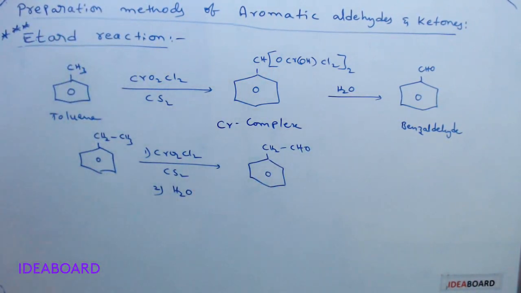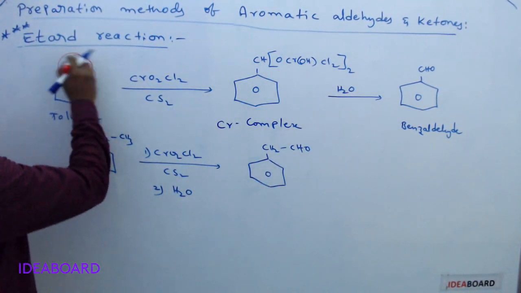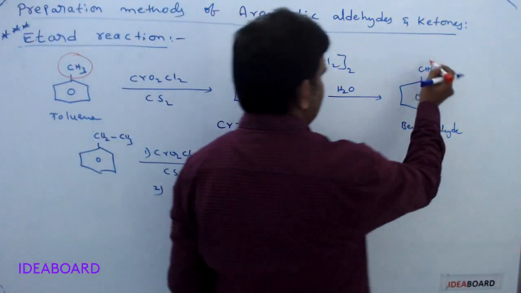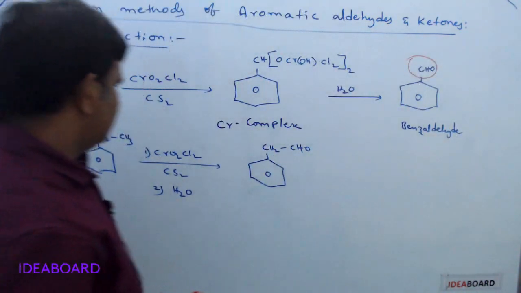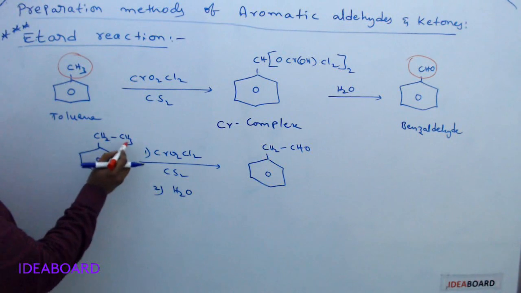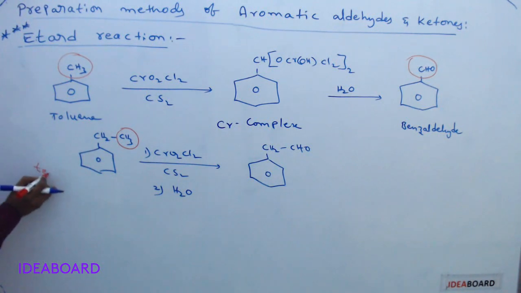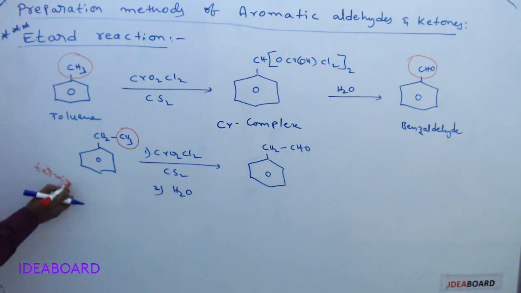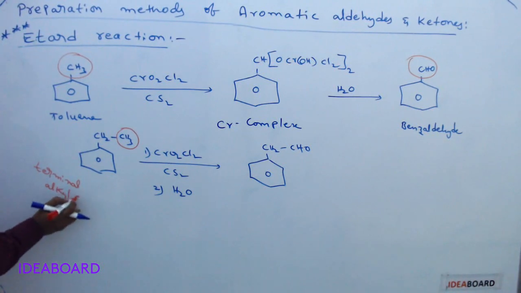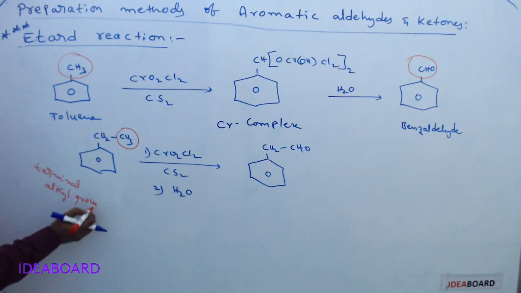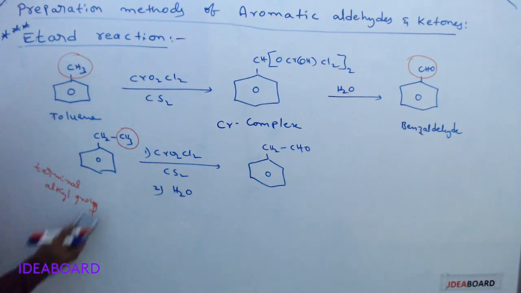Remember, the methyl group is converted to a CHO group, and here there is CH2 and CH3. Which methyl group is converted? Always the terminal one. Please remember, the terminal alkyl group is converted.